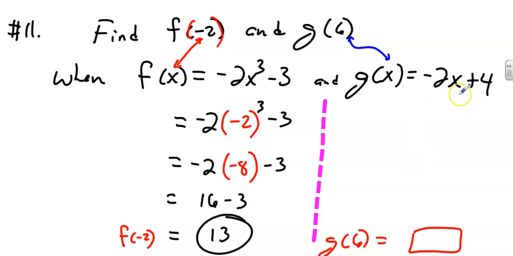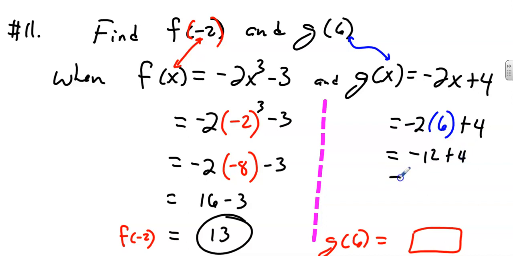For g of 6, same thing. Everywhere you have an x, you're going to replace it with 6. So it's -2 times 6 plus 4. This one, there's a lot less to it, so it goes a little bit faster. -2 times 6 is -12. -12 plus 4 would be -8.